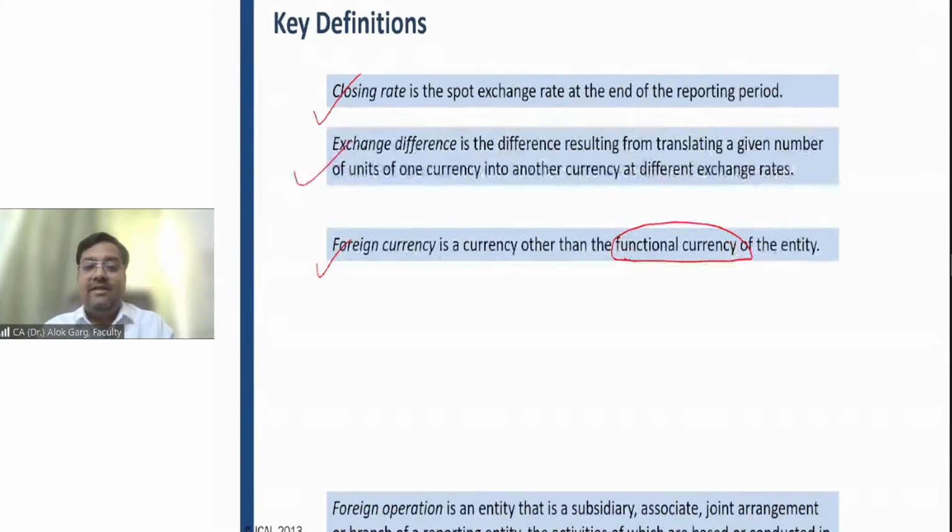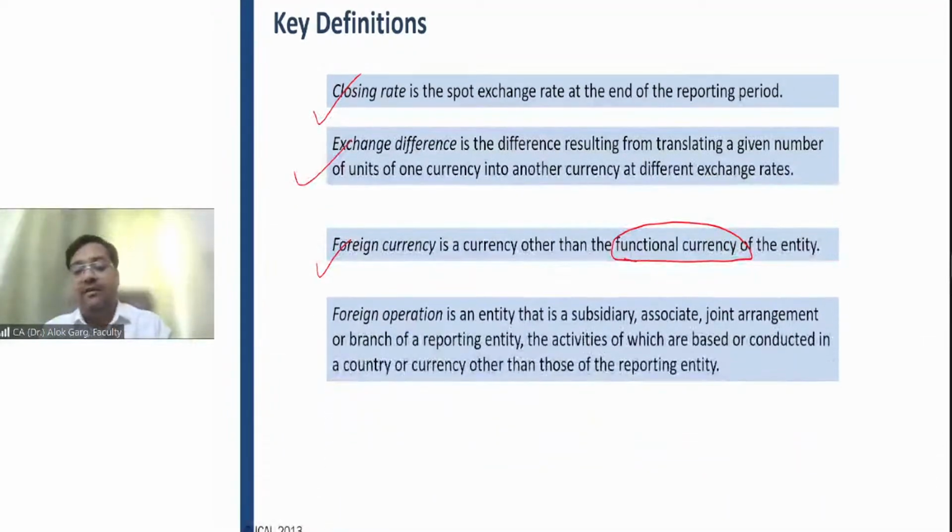Yes, foreign currency is a currency other than the functional currency of the entity. Foreign operation is an entity, we have discussed that, which is a subsidiary, associate, joint arrangement, or branch of a reporting entity, the activities of which are based or conducted in a country or currency other than those of the reporting entity. Foreign operation means an operation outside the reporting entity's operations, right?